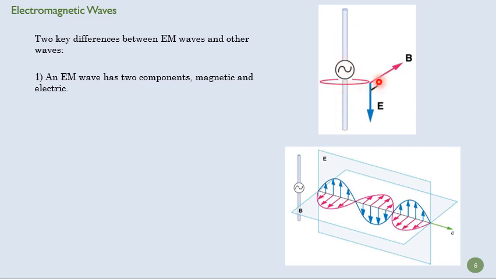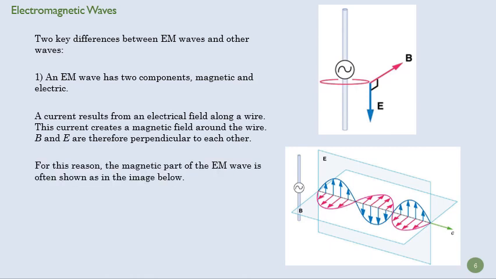And so these two fields are perpendicular to each other. And so as that current alternates in the way that we talked about on the previous slide, the wave propagates away from the wire in two different directions. You have a magnetic field disturbance that is propagated as a wave, and then you have an electrical field disturbance that is propagated as a wave. These two are perpendicular to each other, and so they're oftentimes pictured in this way here.